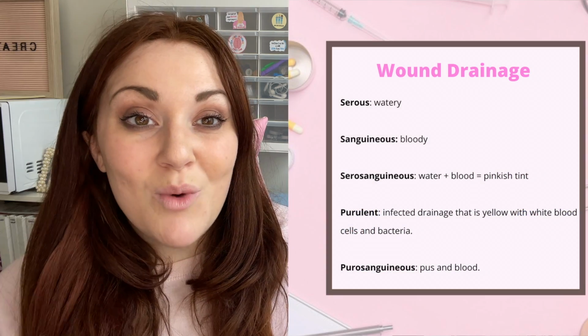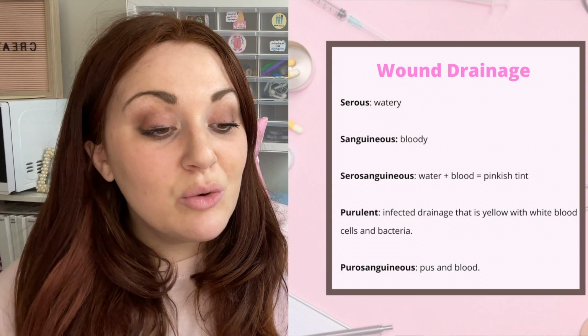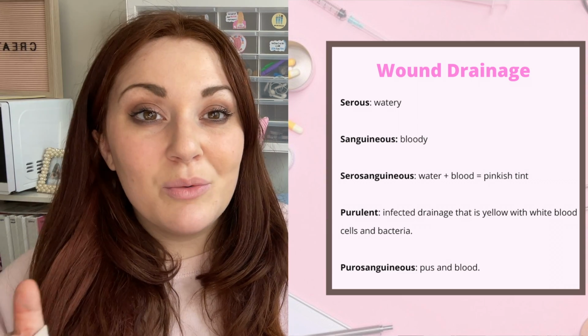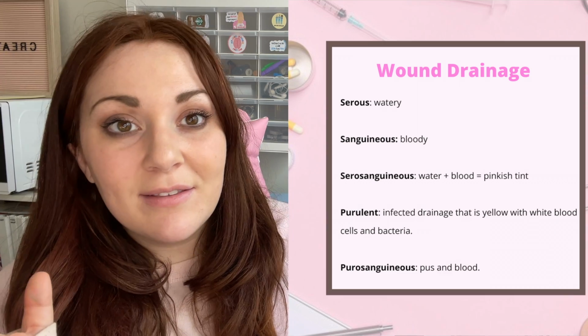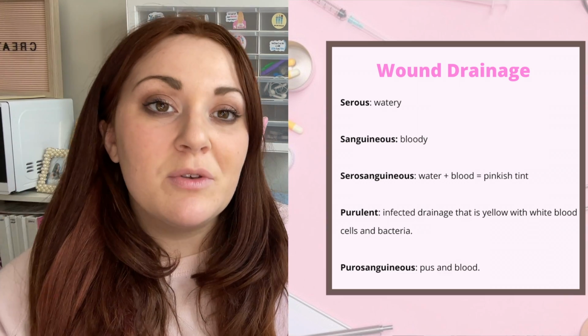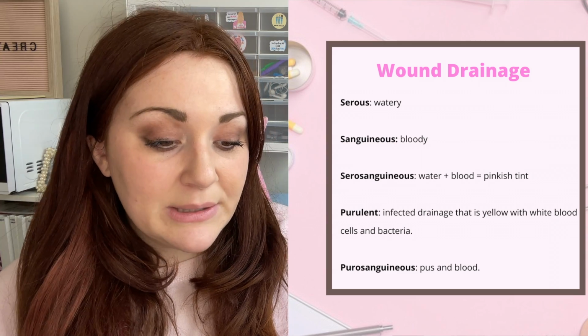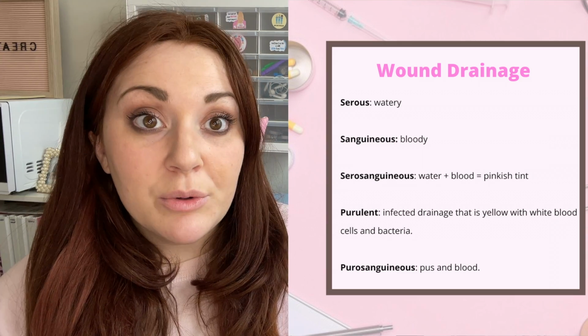And some other terms to know with wound drainage is serous. Serous is watery drainage. Sanguineous is going to be bloody drainage. So if you hear the word serosanguineous, that's just a mixture of both of them. So it's going to be watery with blood in it. So it could be a pinkish tint. Purulent drainage.